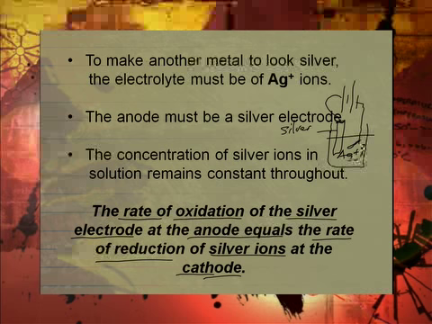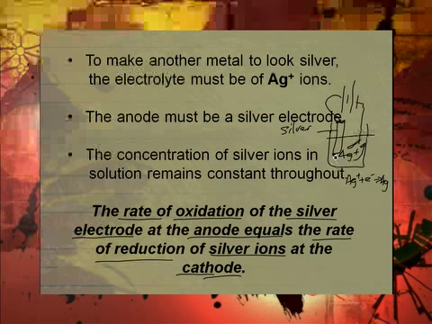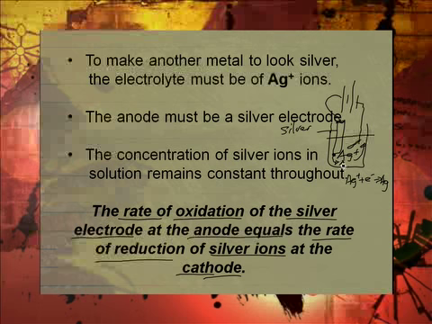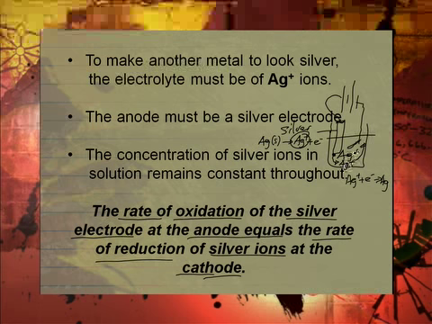When this one is taken out of solution by receiving an electron to become silver, at that moment an atom of silver there loses an electron to become Ag+. So an Ag atom loses an electron to become Ag+ there. So if you started with 20 Ag+ here, you always have 20 Ag+ inside the solution, because the rate at which oxidation of the silver piece of metal occurs equals the rate of reduction of the silver ions in solution.